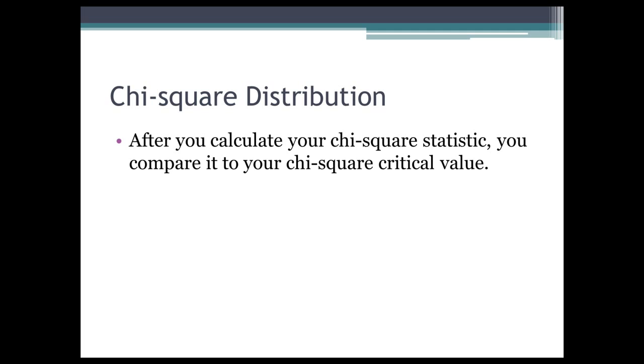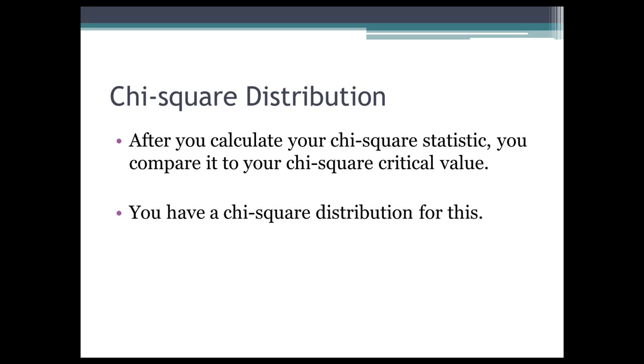And after you calculate your chi-square statistic, you need to then compare it to a critical value. You have a chi-square distribution table for this in almost any statistics book, where the degrees of freedom is C minus 1 for the chi-square goodness of fit test, with C being the columns. So if you have 3 columns, then your degrees of freedom is 3 minus 1, which is 2.